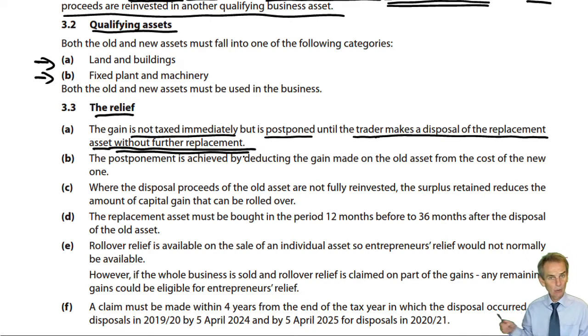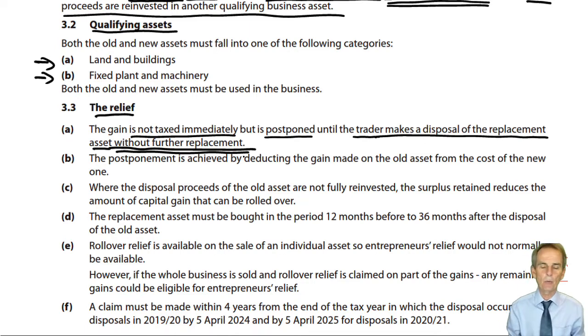So, as we'll discover with the calculations in a moment's time, if we originally acquire a business asset, a property to use within the trade, we then sell, reinvest all the proceeds, then all of the gain arising will be deferred until such time as we sell the replacement asset.